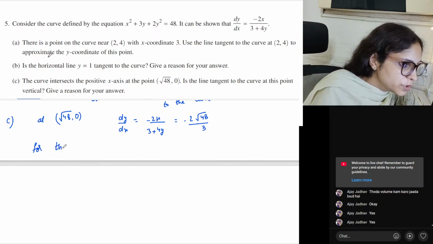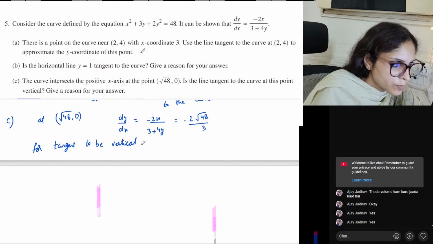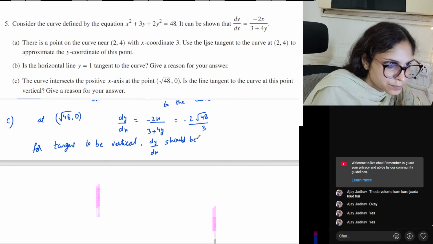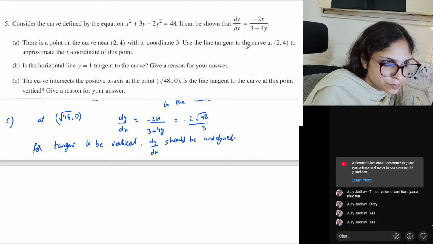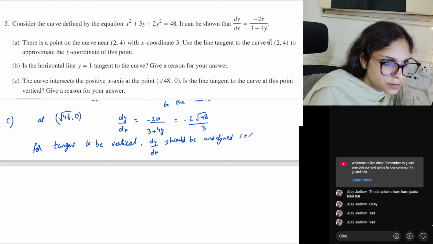For a vertical tangent, dy over dx should be undefined. That is, the denominator should be 0.